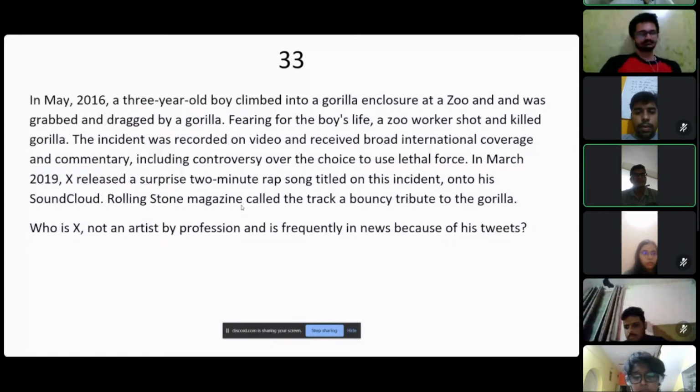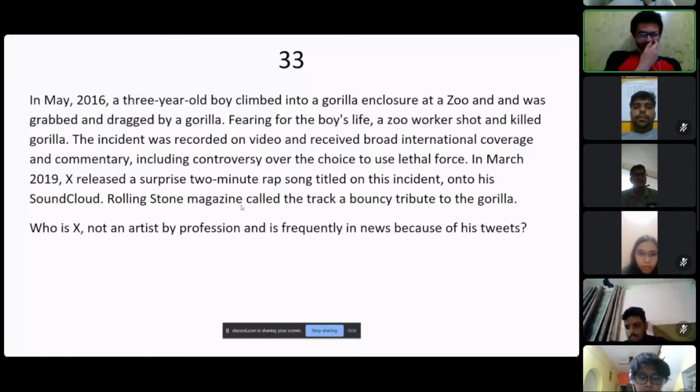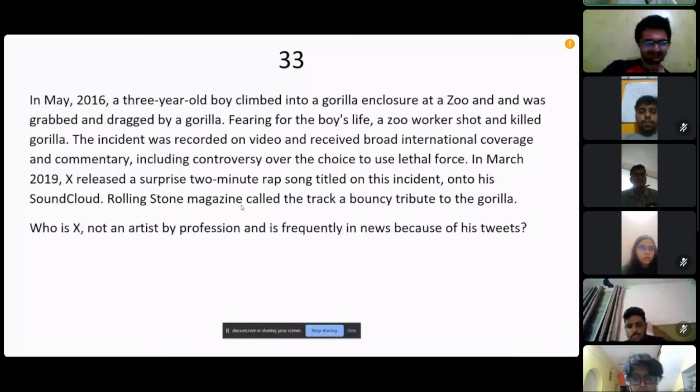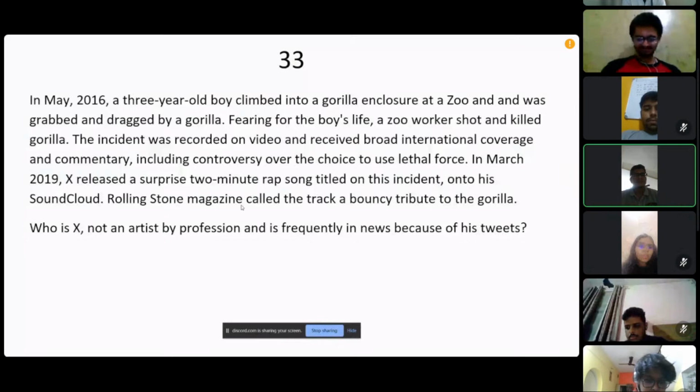In March 2019, X released a surprising 2-minute rap song on this incident onto his SoundCloud. Rolling Stone magazine called the track a bouncy tribute to the gorilla. X is an artist by profession and frequently in the news because of his tweets. So it's a giveaway, right? Exactly. It's a very easy answer.